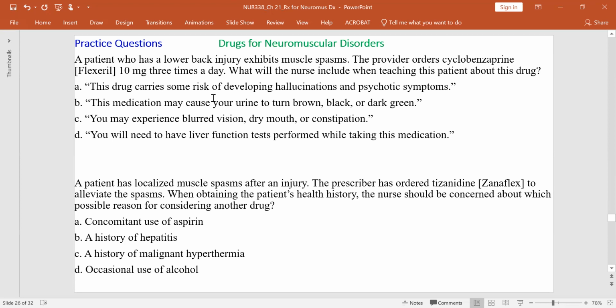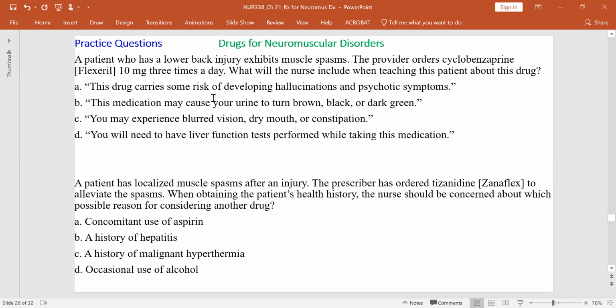So as we answer the question, we look at the potential problem or adverse effect like hepatotoxicity. So B is the correct answer. History of hepatitis. Hepatotoxicity is a serious potential problem in patients receiving tizanidine, Zanaflex, because the drug can cause liver damage.